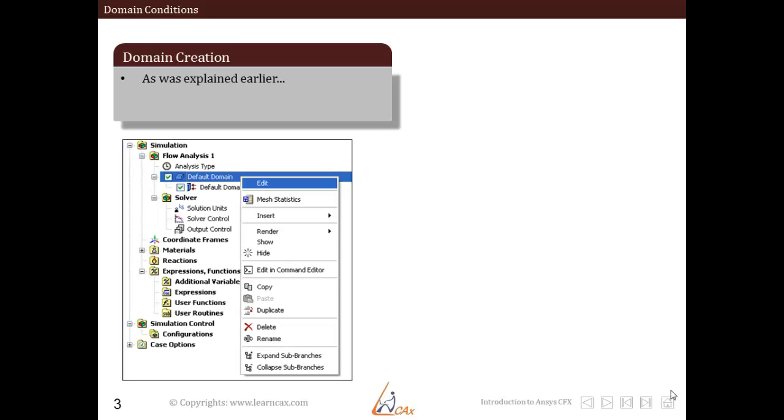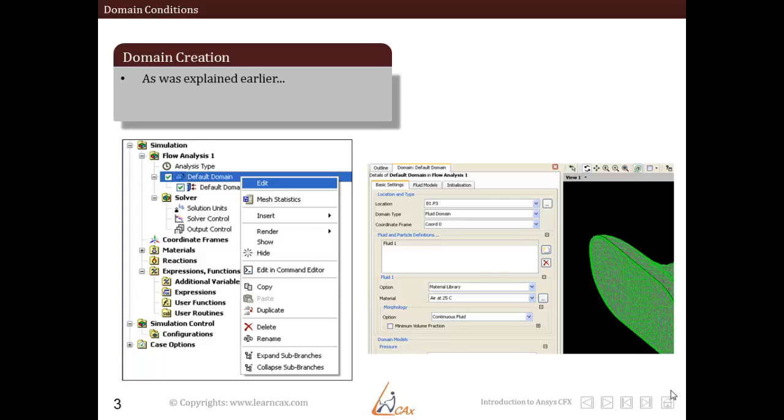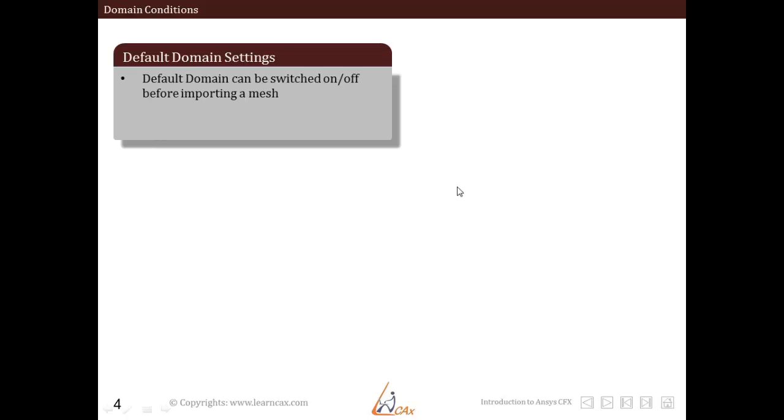How do we create a domain? We have already practiced this in a demo as well as in earlier lectures. We go to analysis type and insert domain, and when we insert a domain, these are the different properties associated with it. That is basic settings, under which we define location, domain type, coordinate frame, etc., as well as the fluid model and initialization.